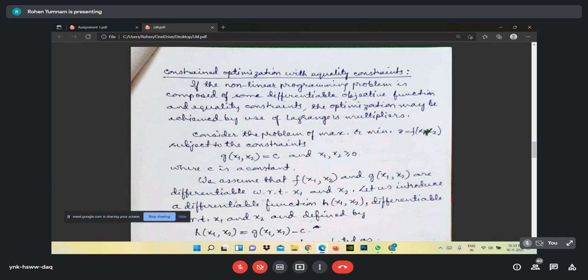Then any other question? Sir, is the exam after the midterm or the full syllabus? No, full syllabus, from the beginning up to the Lagrange method. Whatever we have done from the beginning.